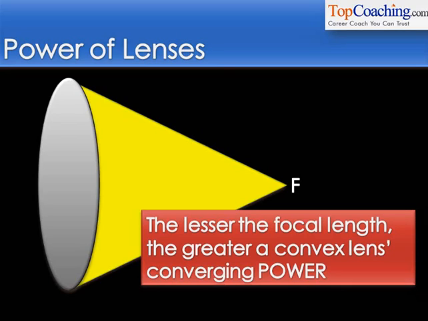If, however, the focal length is small, then the convex lens will converge the rays quite fast, isn't it? After all, if the focal length is very small, then the convex lens will converge the rays from infinity very fast, over a very small distance. So the lesser the focal length, the greater the power of a convex lens, isn't it?